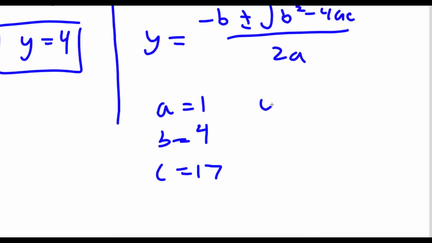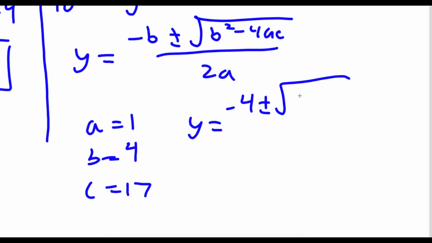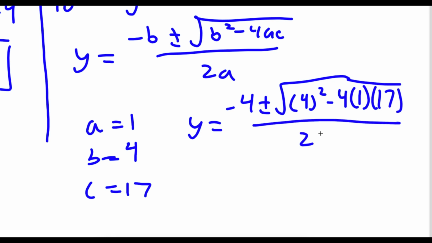So now I have negative 4 plus or minus the square root of 4 squared minus 4 times 1 times 17, and I have this all over 2 times 1.